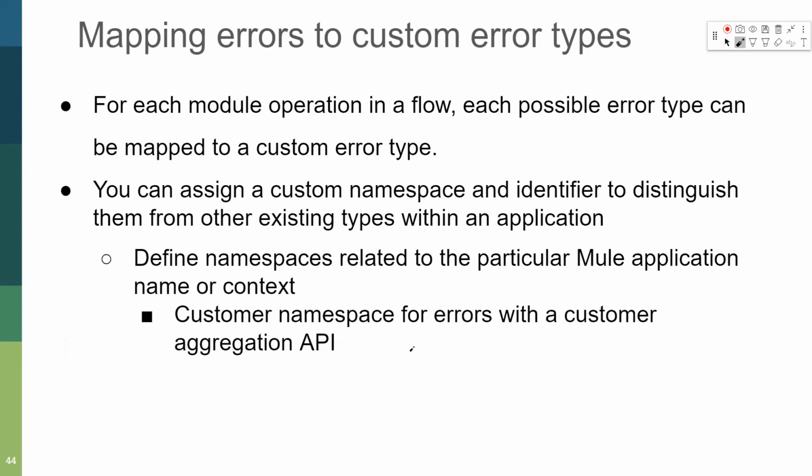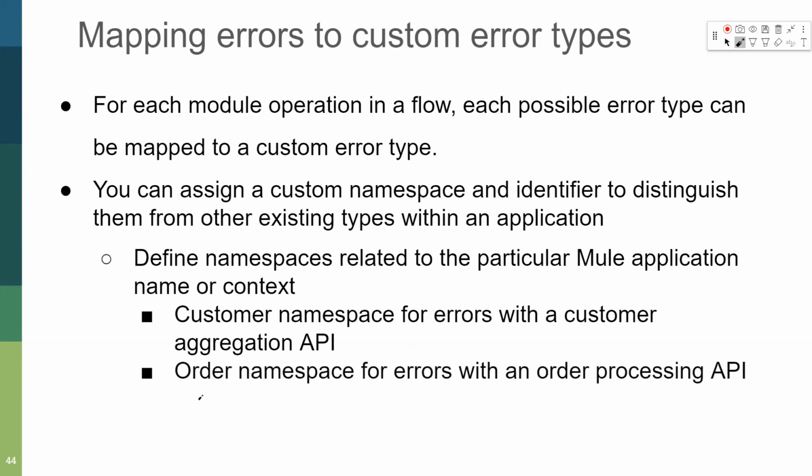For example, you cannot create DB:CONNECTIVITY because DB:CONNECTIVITY is already taken, but for the orders we can create an orders namespace, and for the customers, we can create a customers namespace. When you create custom namespaces, remember, you cannot use already existing namespaces, is what this slide is saying.